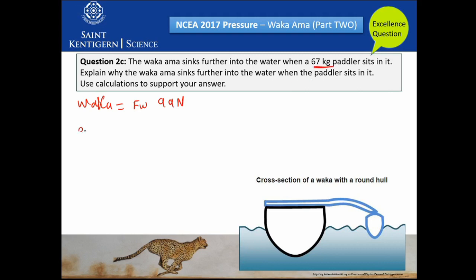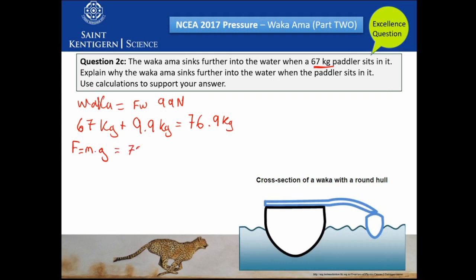So if we take 67 kilograms plus 9.9 kilograms, that gives us 76.9 kilograms. Okay, so then we say F equals M times G, and G we know in this case is 10, and the mass is now 76.9.